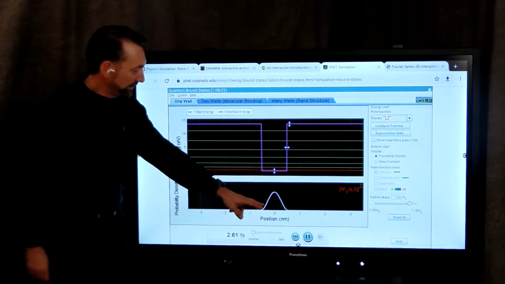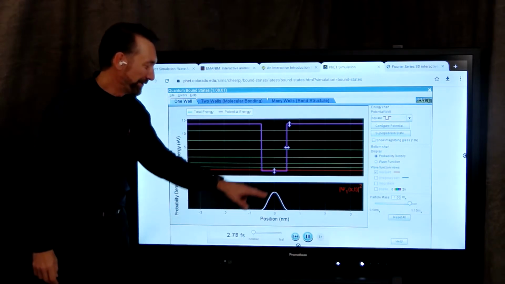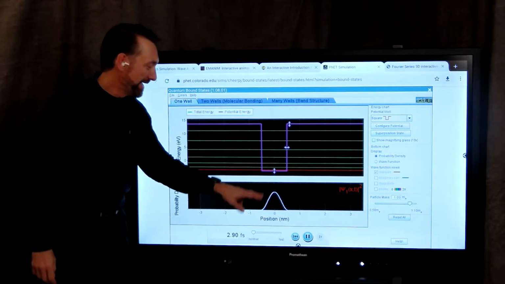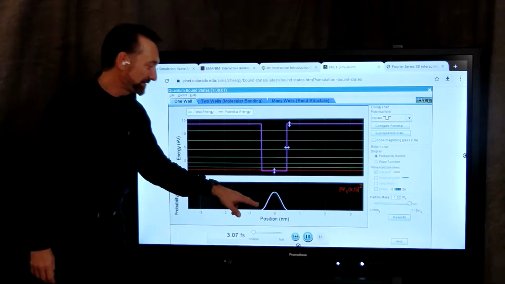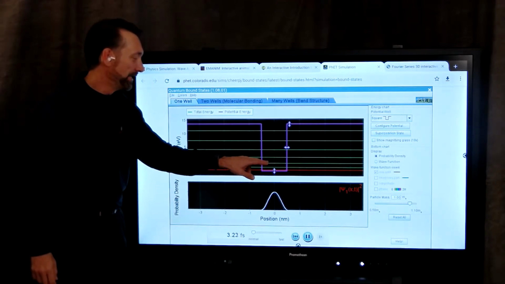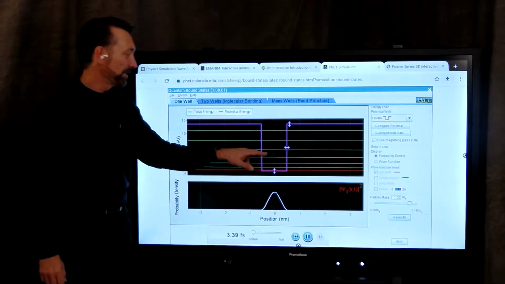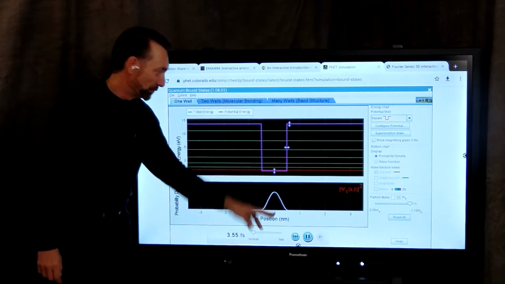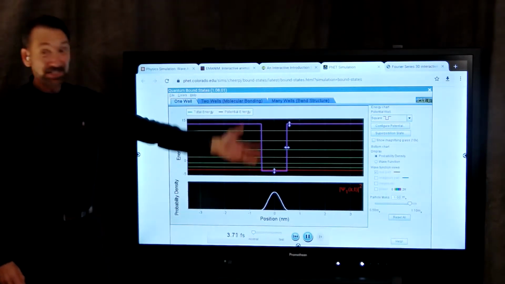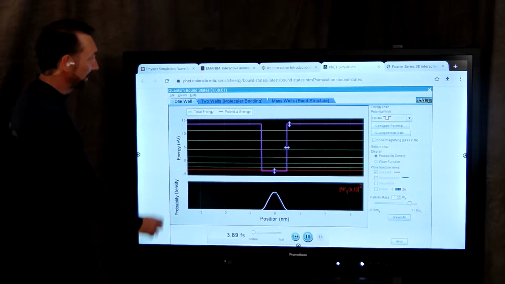And look, if I did, you would see on the first energy level, first green line, one half standing wave. If I go up one, I would go to a full standing wave, and then up one more, I'd go to 1.5, which is essentially the picture I drew in the other.